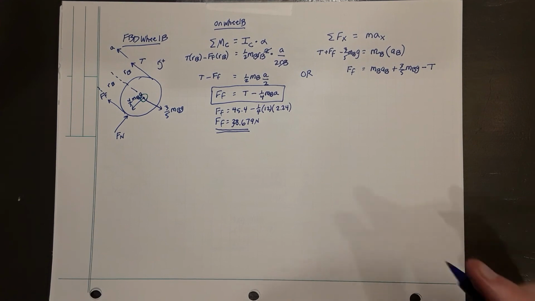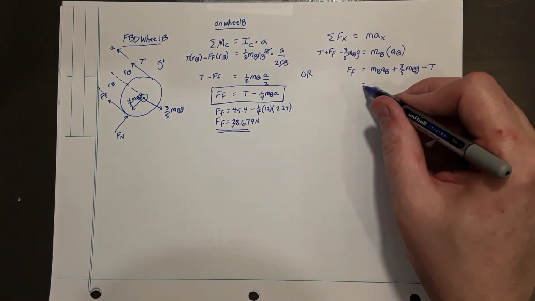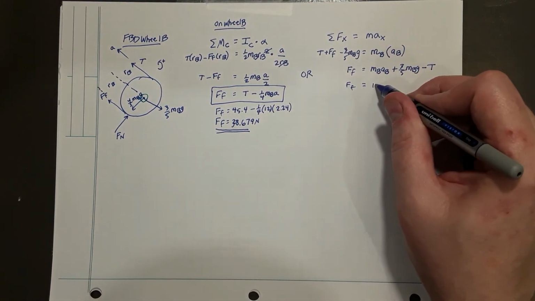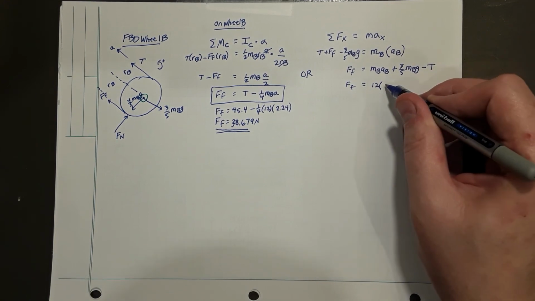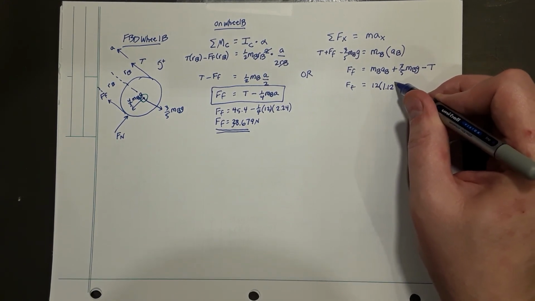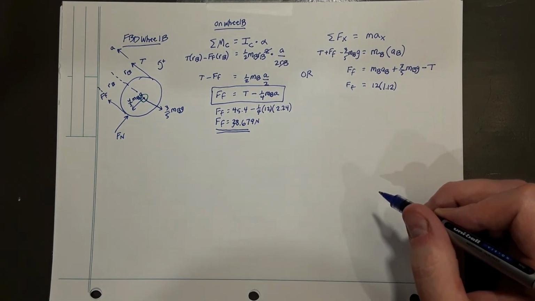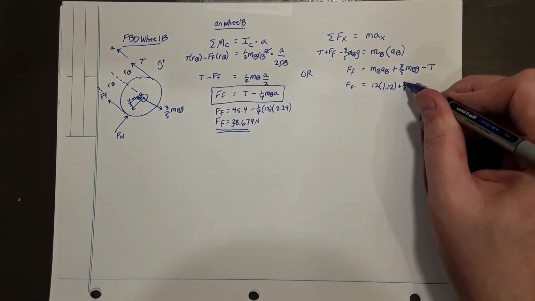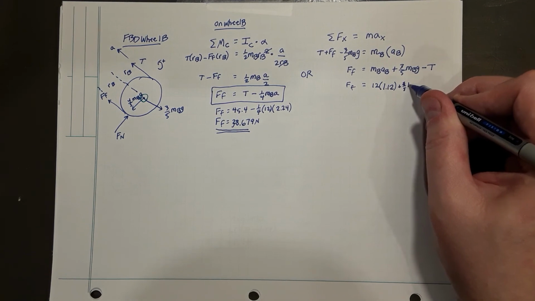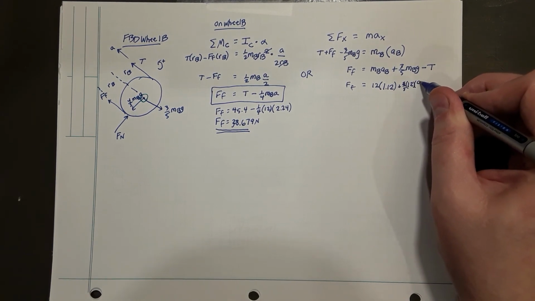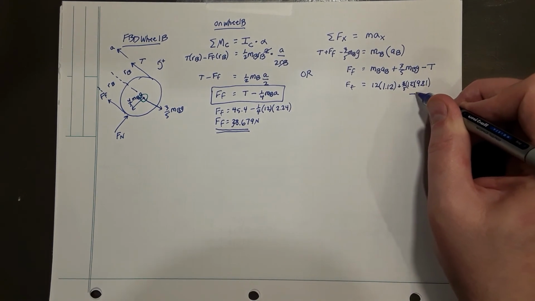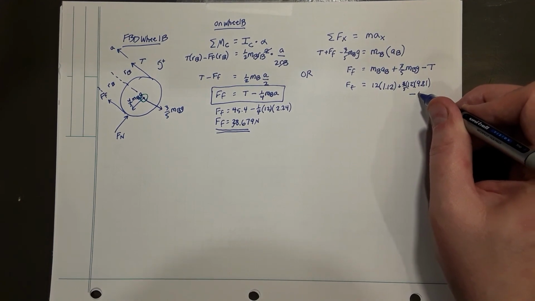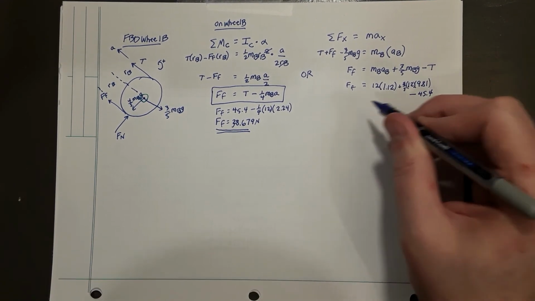And so the force of friction here will be 12 times, acceleration of B, remember, was only half. So 12 times 1.12 plus 3/5 of 12 times 9.81 minus the tension in the cable, which was 45.4 newtons.